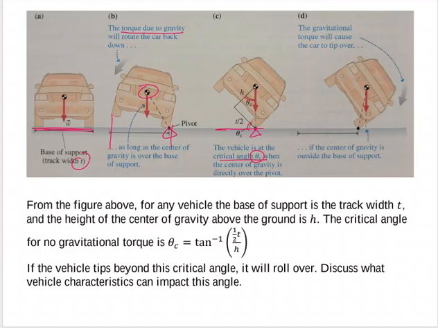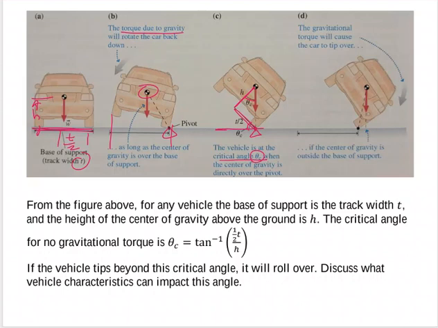Now remember we had this height of the center of gravity here. The track width in the first place had a length of T, so halfway to the center of gravity would be T over 2. We have this T over 2 length right here, and we formed a right triangle.